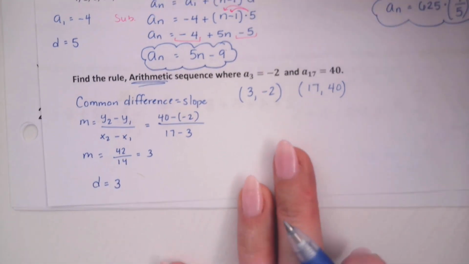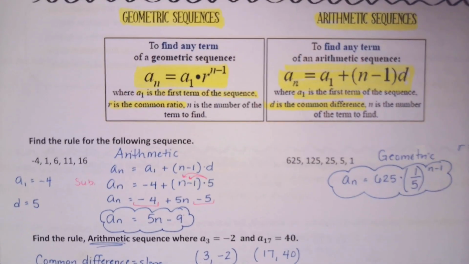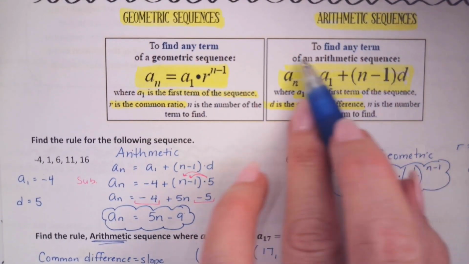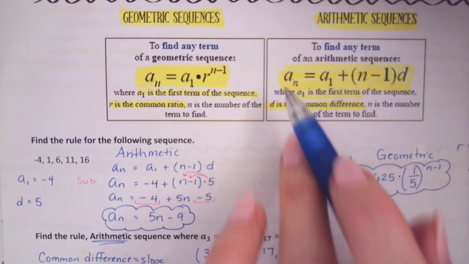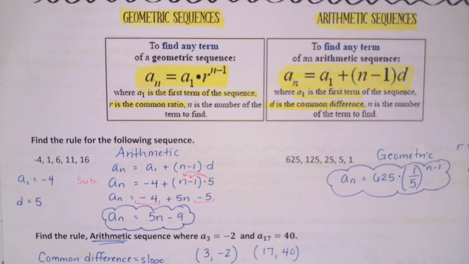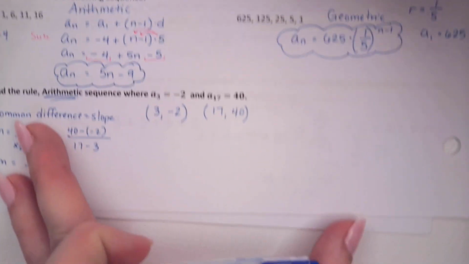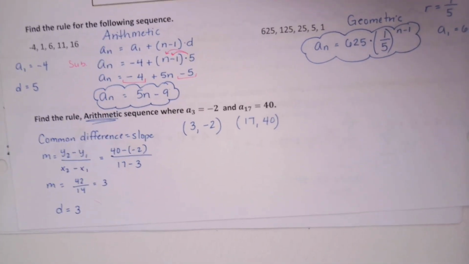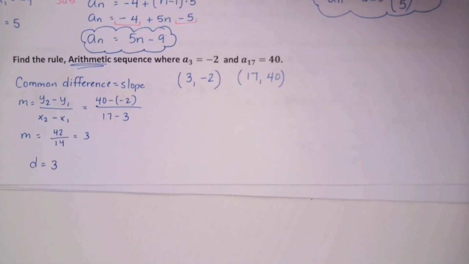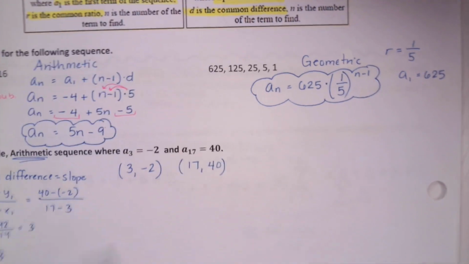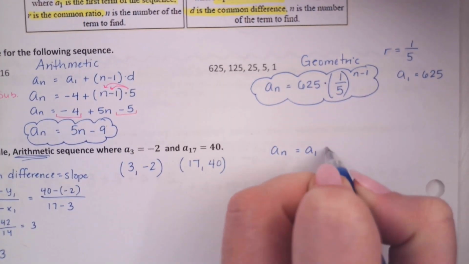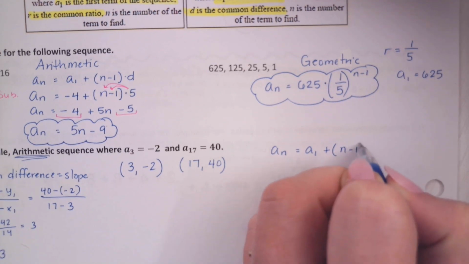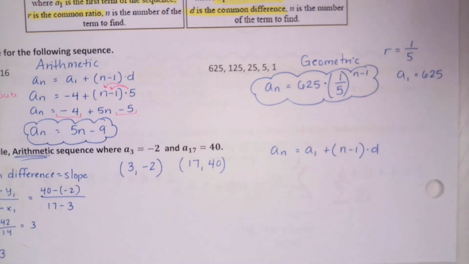Okay, so I have part of my rule. What else do I still need to find in my rule? I'm going to find your first term. It's almost like finding the y-intercept. Technically, it's not the y-intercept, but what can we do to find that? Well, we have an equation: an equals a1 plus n minus 1 times d.